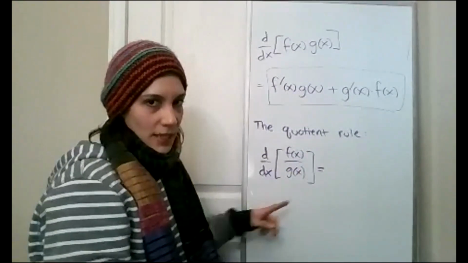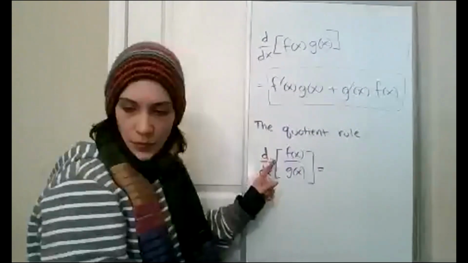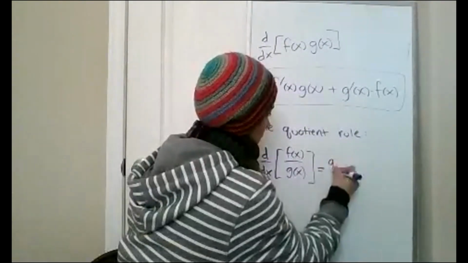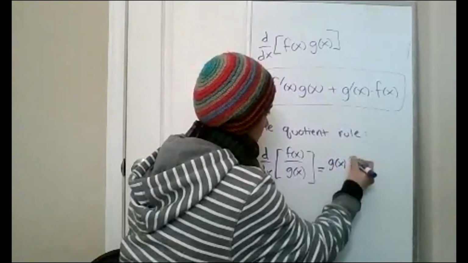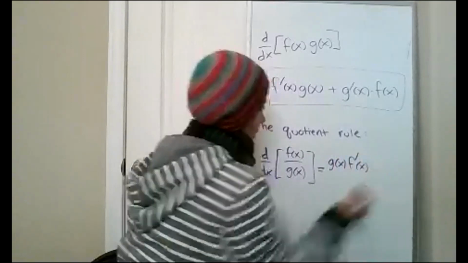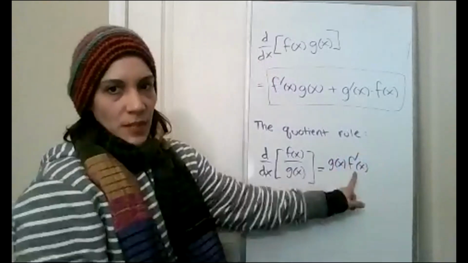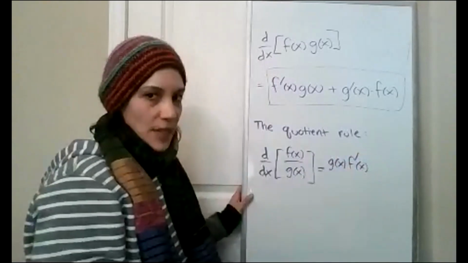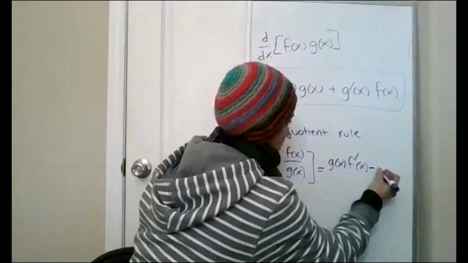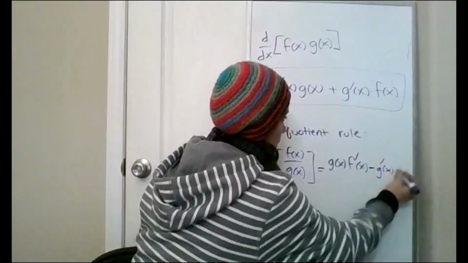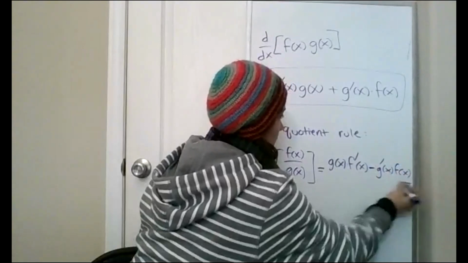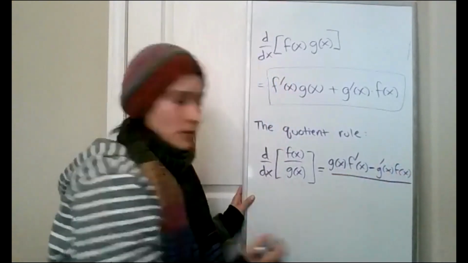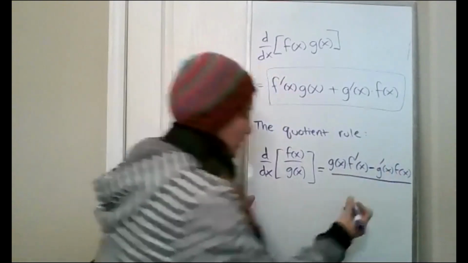I'll go over that in a second, but the formula is g of x times f prime of x, subtract g prime of x times f of x, and it's all over g of x squared, or g squared of x, the same thing.